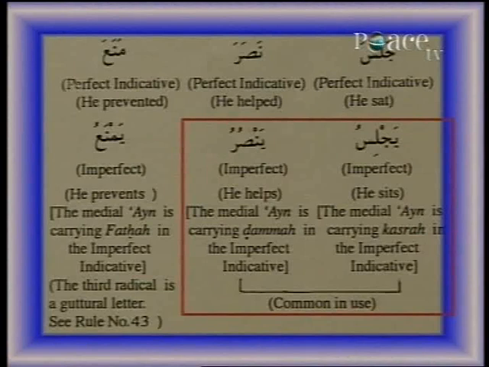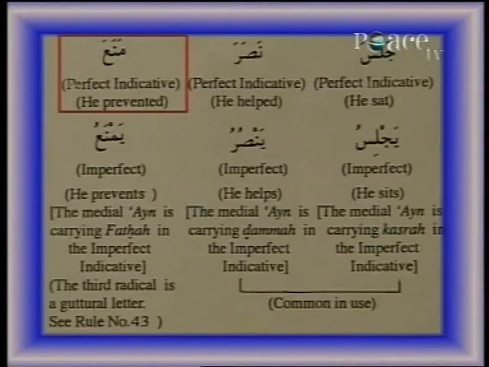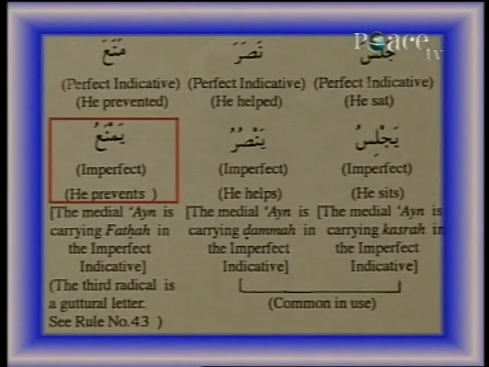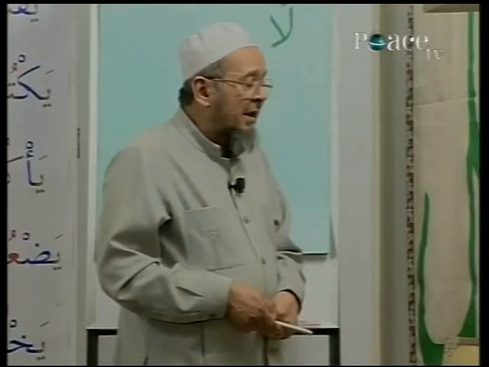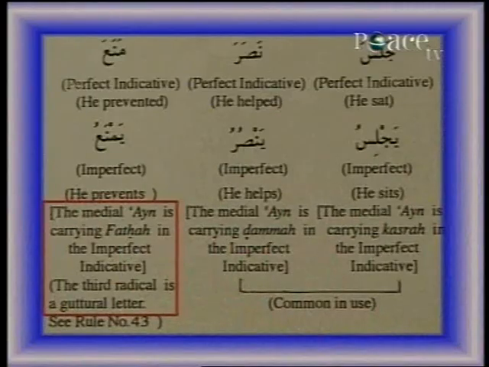These two forms are common in use. Mana'a, perfect indicative, he prevented. Imperfect, yamna'u, he prevents. The medial ayn is carrying fatha in the imperfect indicative. The third radical is a guttural letter.